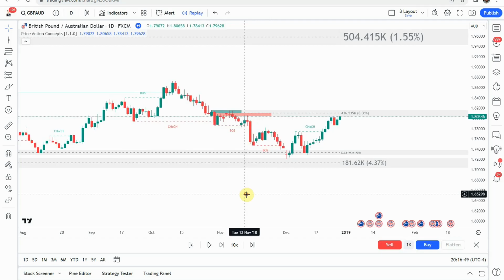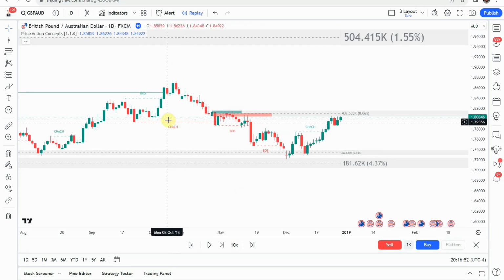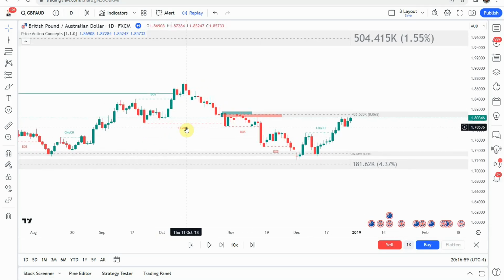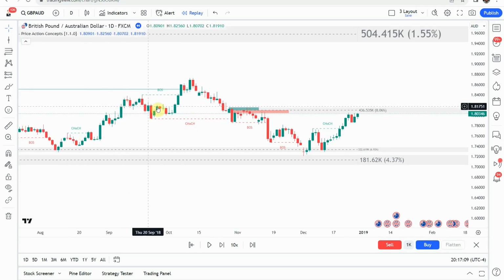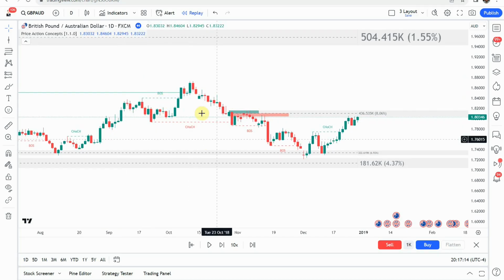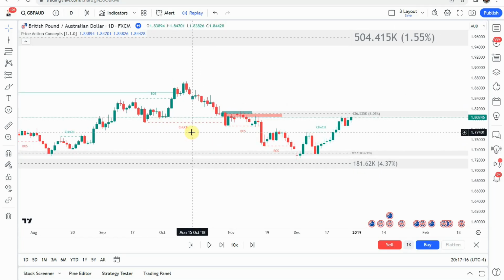And so we have this label right here that is CHOCH, or change of character. Basically this happens when we get a kind of reversal in what price action is doing. So if price action is making higher highs and higher lows, then it will continue to stay basically in character. The moment that it breaks that pattern of higher highs and higher lows, it then gives a red change of character.